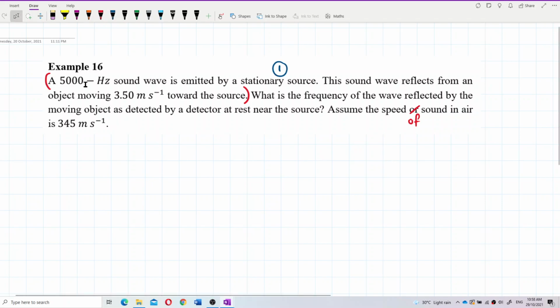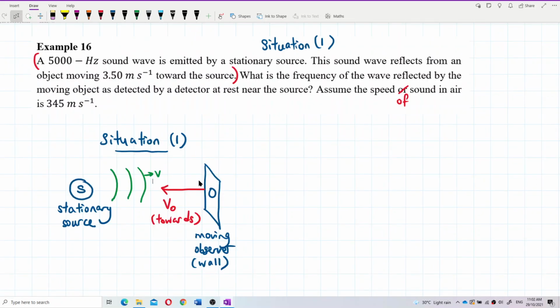Okay, let us draw out this first situation. We have a source here, a stationary source. I have already drawn the picture for you.